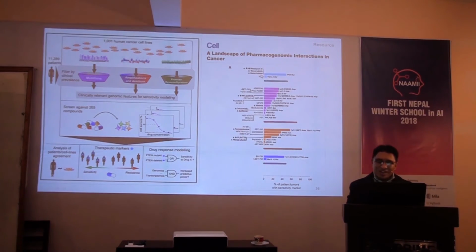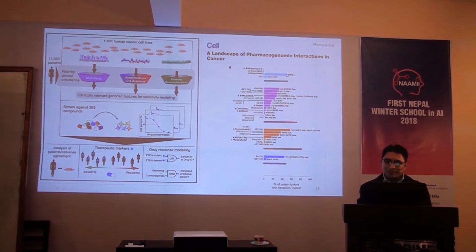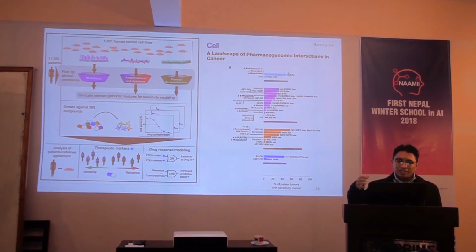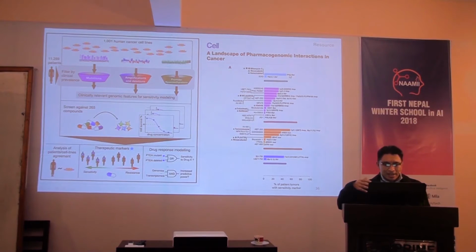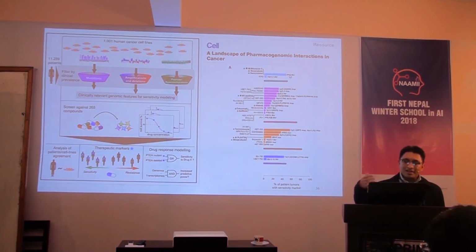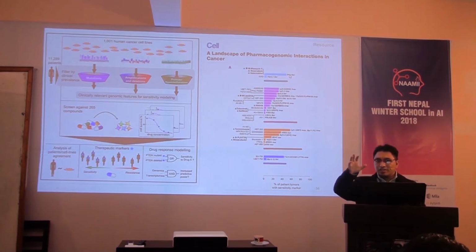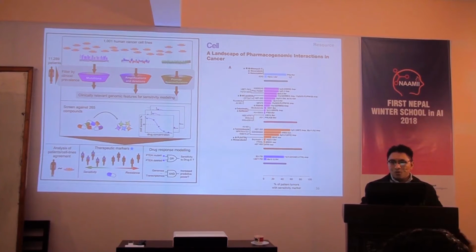About 50% or 60% of the patients which responded to the drug had a particular mutation in a gene called TP53. And the patients which did not respond to the drug did not have these mutations at all. So they used machine learning models to identify all these mutations, all these genes that distinguish between those patients that responded to the drug and those that did not. So this is one particular application.